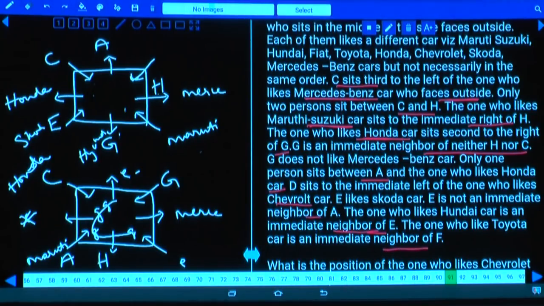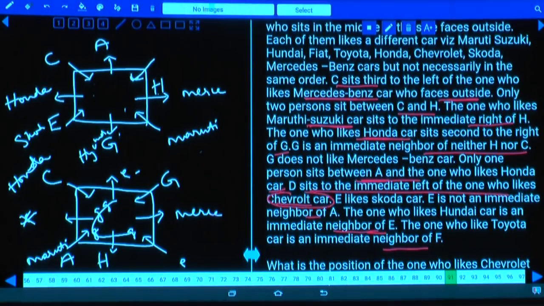Then coming back to this one, there is only one person between the person A and the one who likes Honda. D sits to the immediate left of the one who likes Chevrolet car. Now Honda, Skoda, Hyundai, Maruti, Mercedes is done, isn't it? Then if you take Chevrolet car at this place, D is to the immediate left, which is not possible because A and H are here.